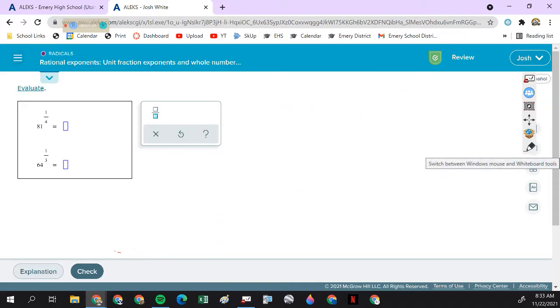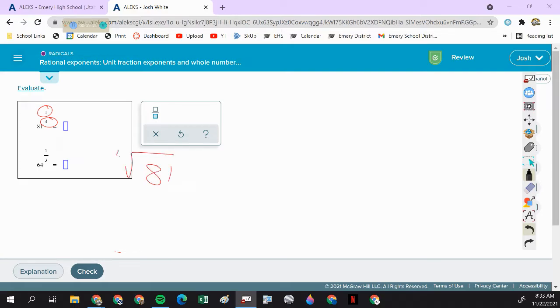So what about fractional exponents? Well, in a fractional exponent, this is an exponent, and this is a root. So if I rewrite this, it would be the fourth root of 81 to the first power.